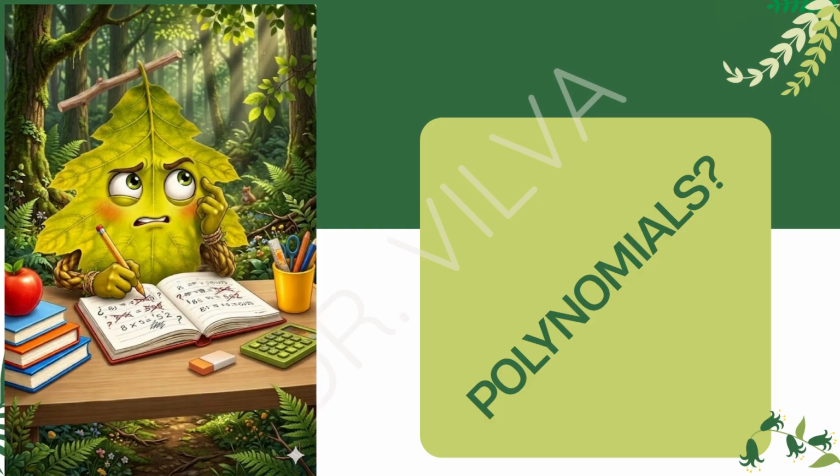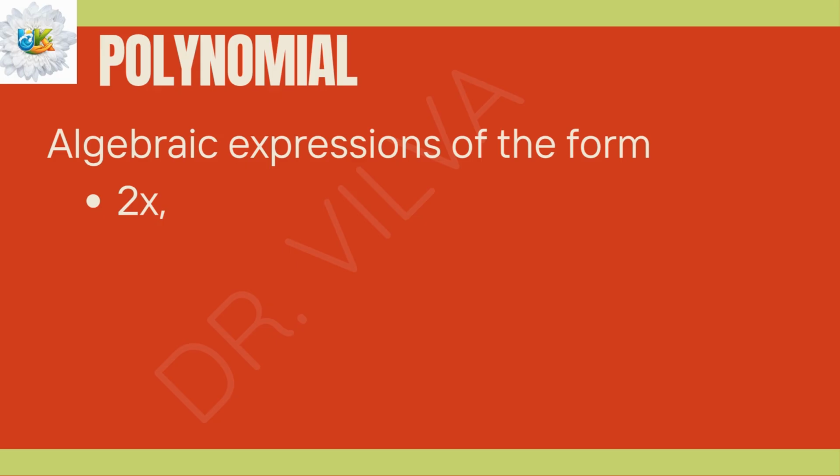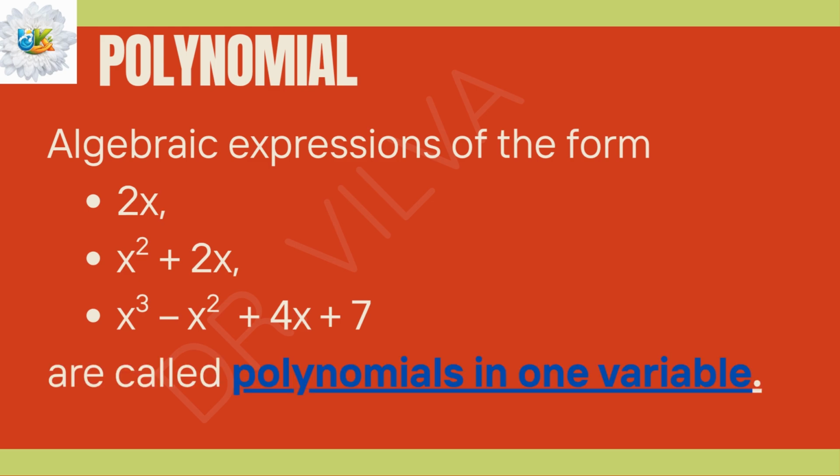What is a polynomial? Let us start with the basics. Look at these expressions: 2x, x square plus 2x, x cube minus x square plus 4x plus 7. These are what we call polynomials in one variable.